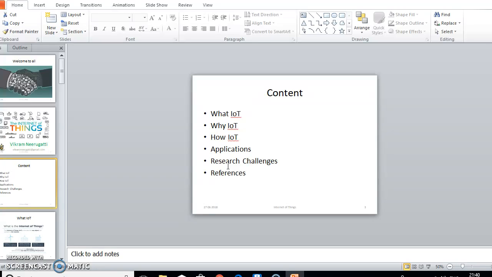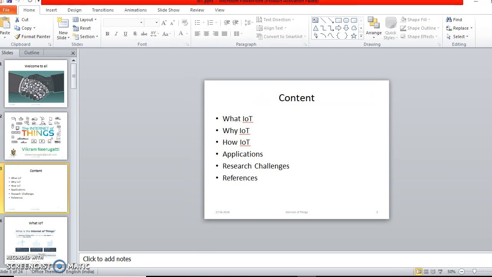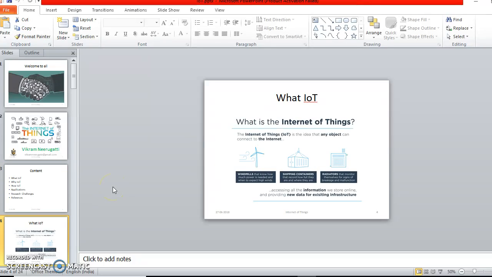Generally, we will see what an IoT is, why we need to go for IoT, and what role IoT plays in nowadays applications, and some research challenges. We will see some references where I have collected these slides.